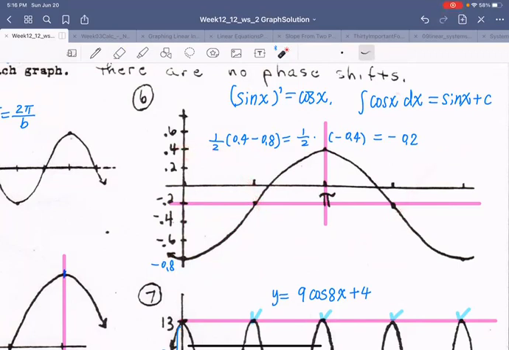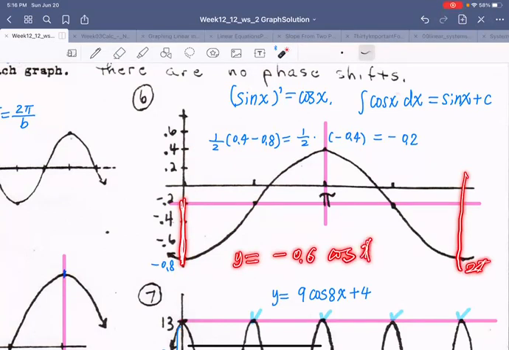Okay, so y equals negative 0.6 cosine, and what? This is 2 pi, so your b is 1.